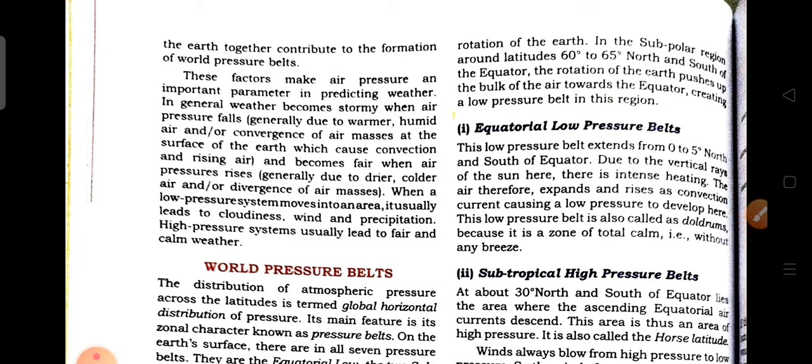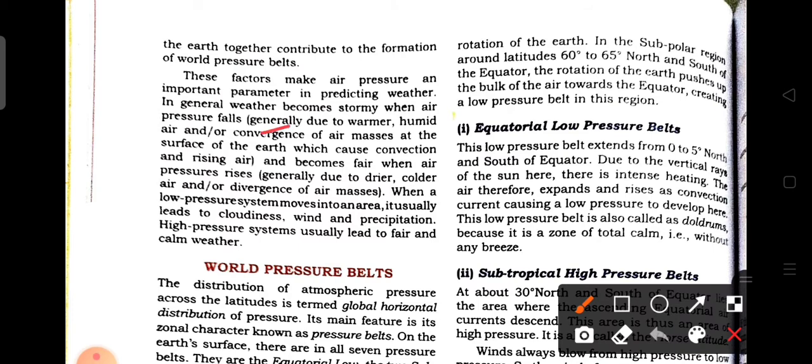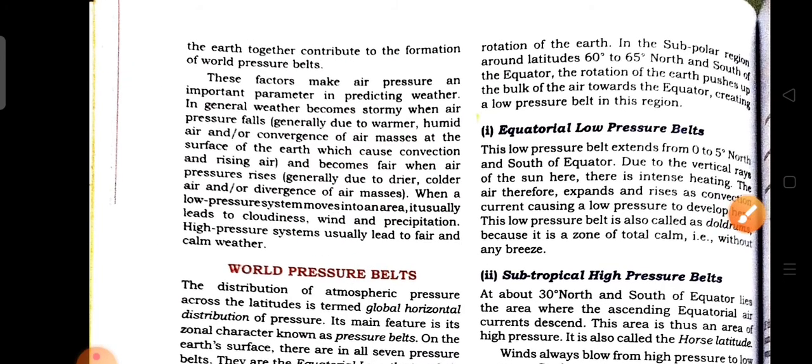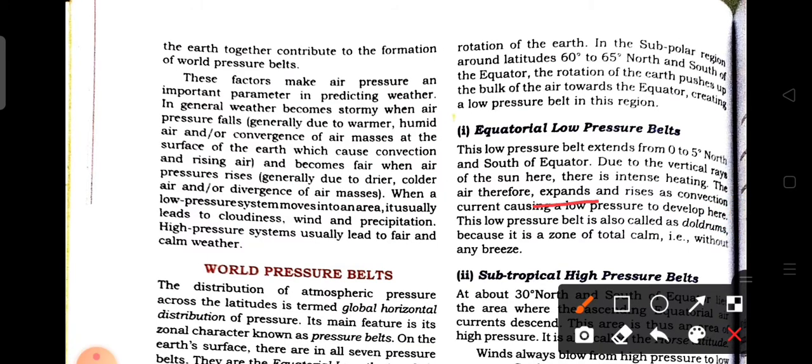The air therefore expands and rises as convection current, causing a low pressure to develop here. As we know, if the temperature becomes high, it causes low pressure. So as the air expands, it rises as convection current, which causes a low pressure in the equatorial region.